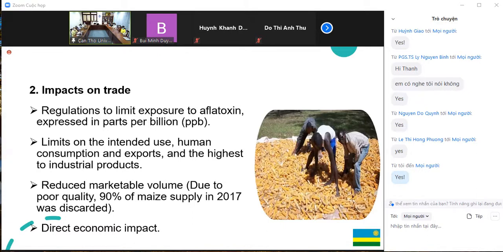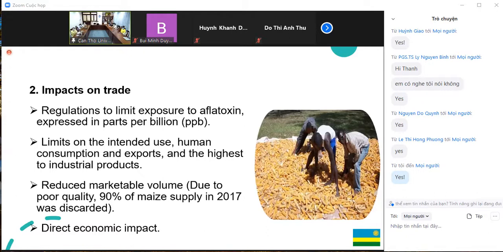Aflatoxin has a great impact on health. There is the occurrence of aflatoxicosis, which is a very big concern to human health. It carries a risk of liver cancer. It also has a risk for livestock. And because we eat meat from livestock, the meat will also contaminate people.